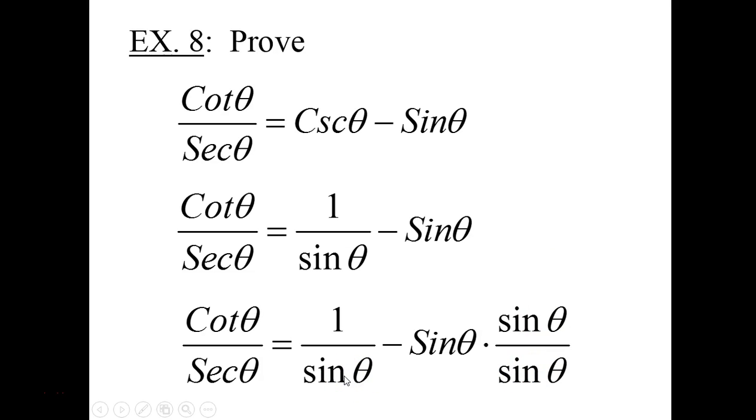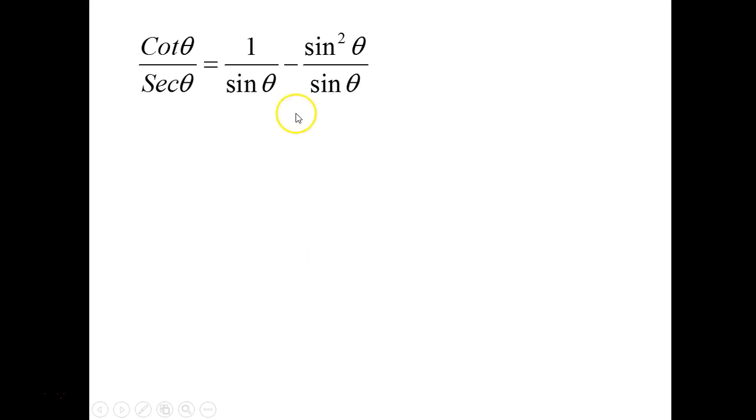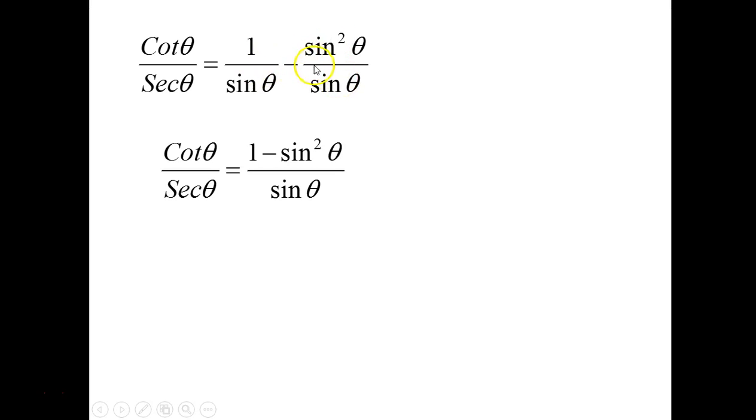So what I'm going to get is 1 over sine minus sine squared over sine, which when put together with your common denominators gives me 1 minus sine squared, which is the Pythagorean identity for cosine squared, over sine. And here's what I get, but it doesn't necessarily look like what I want it to. So we're not done. We have to goof with this a little bit more to get what we want.